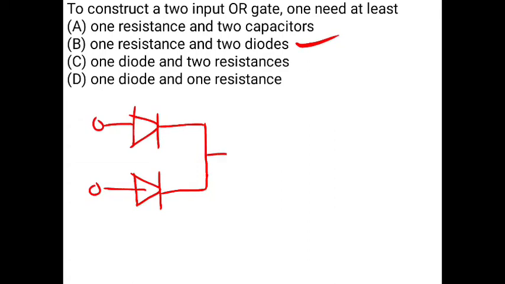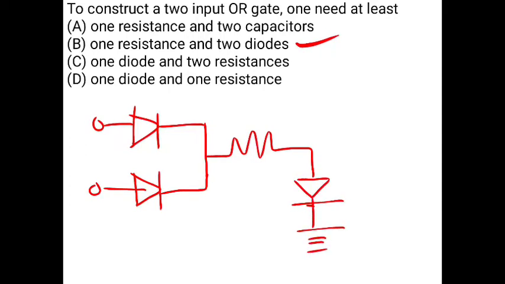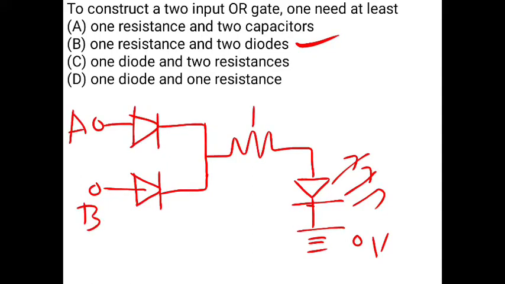We connect a resistance here, then ground it. Here we are placing an LED and grounding it. Here it will be 0 volt, meaning low potential. This is input A, this is input B, and this is resistance R, with diodes D1 and D2.